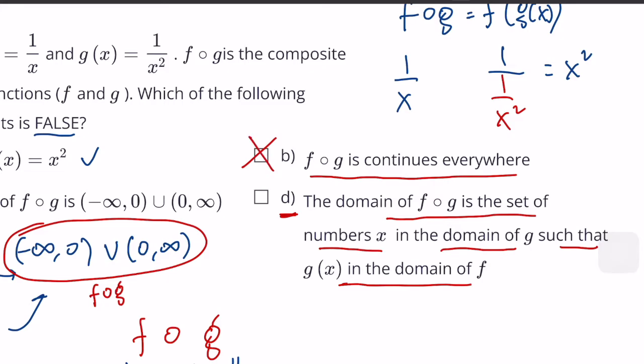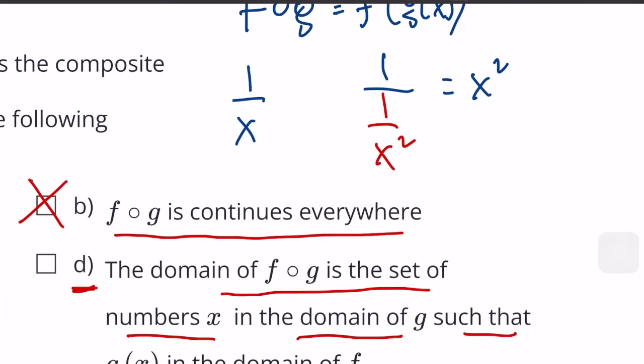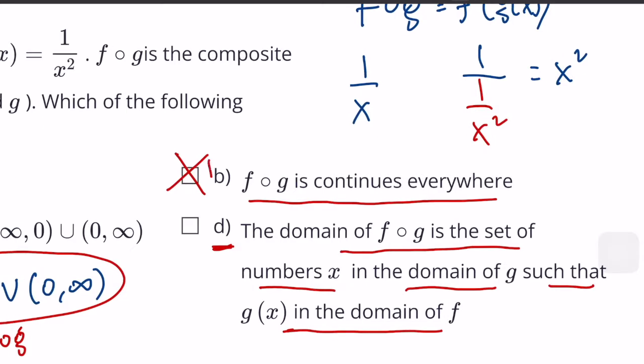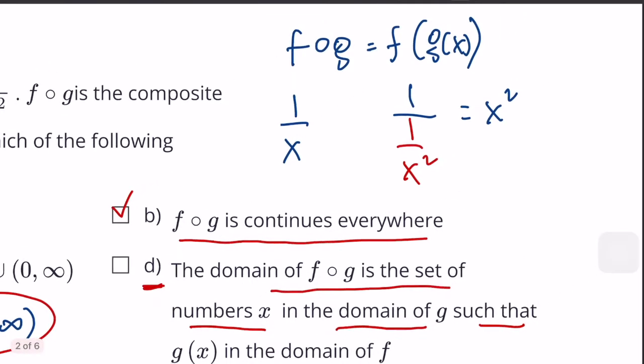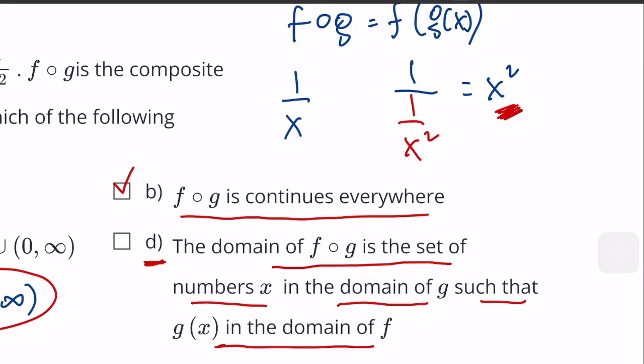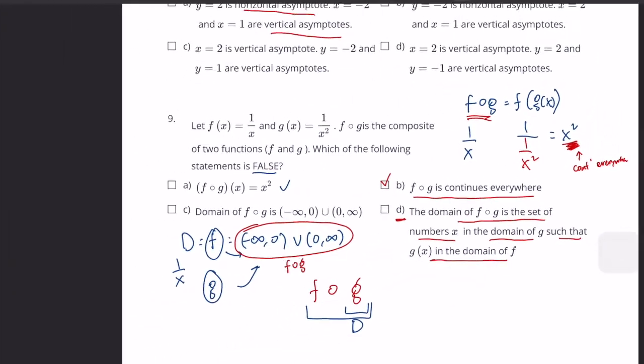It's false. So the answer is B. Okay, or maybe if you are confused, this will be the answer. If you see the x squared only, you will notice that, oh, maybe this is continuous everywhere, right? But this x squared actually comes from this f of g. We are now looking at functions, so that's why the answer is B.